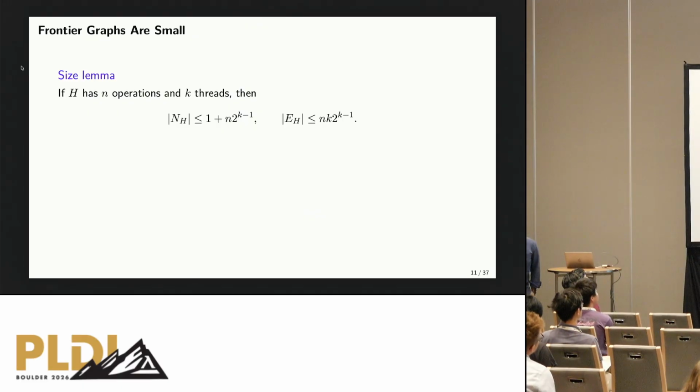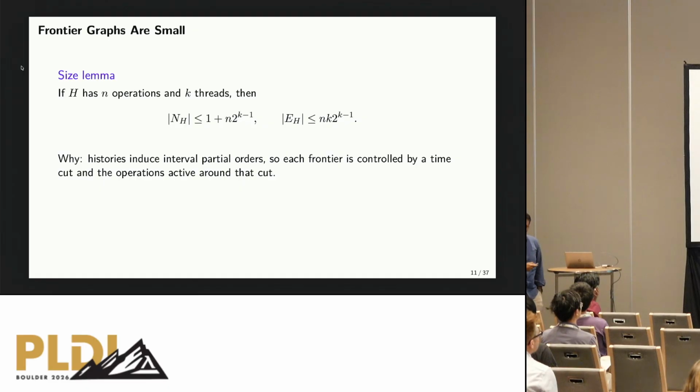And the most interesting aspect about linearizability is that unlike other similar problems in concurrency, the size of this graph is actually very nice. It is linear in n, the length of the execution, the number of operations, and it is exponential only in the number of threads or processes.